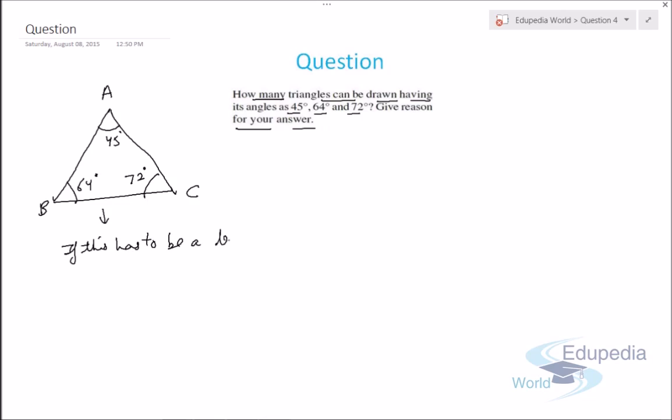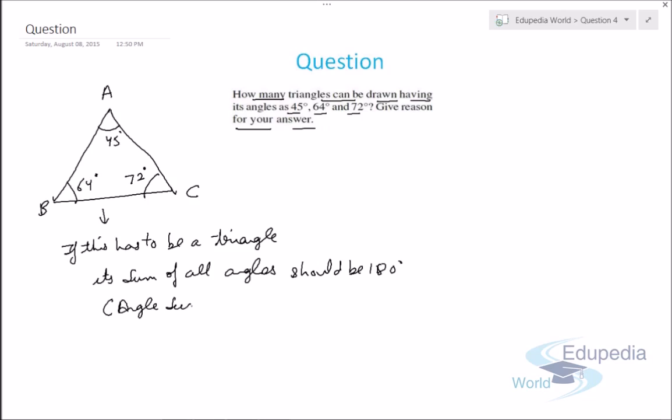Now if this has to be a triangle, then the sum of all angles should be 180 degrees, or we can say it should satisfy the angle sum property. So let's see if it satisfies the angle sum property or not.